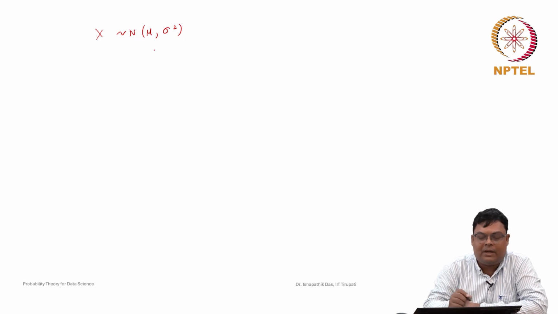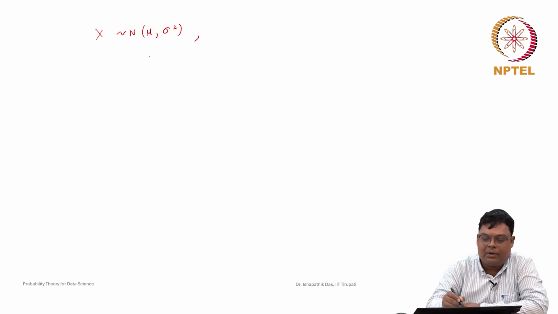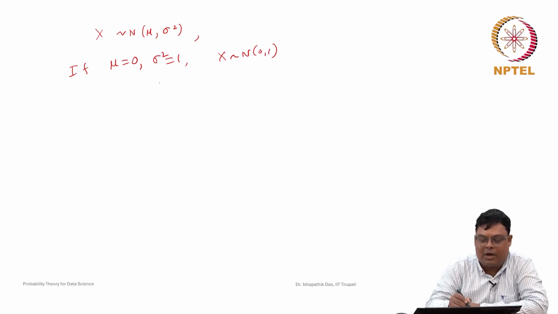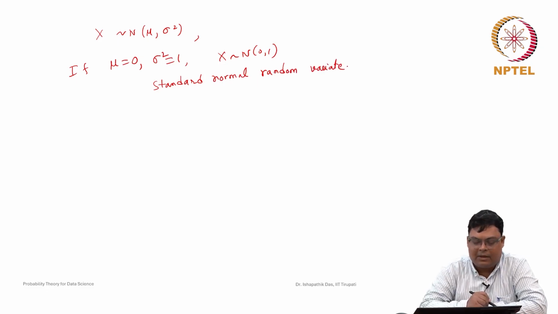Then we represent this as: x has a normal distribution with mu and sigma square. Now, if mu is equal to 0 and sigma square is equal to 1, and x has normal 0, 1, it is known as a standard normal random variable, called a standard normal variate.